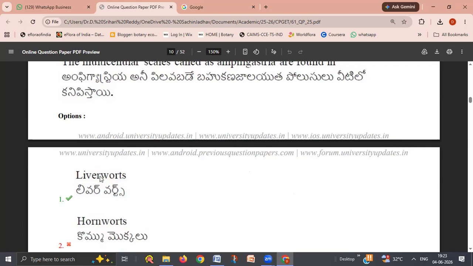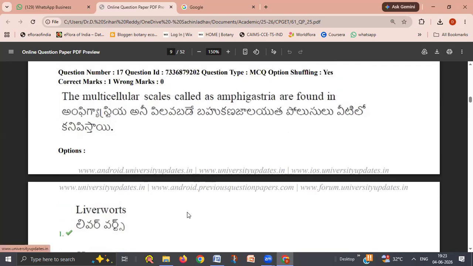So in the liverworts, at the ventral side, that means the lower part of the thallus, it contains some rhizoids and also multicellular scales, which are commonly called as amphigastria.